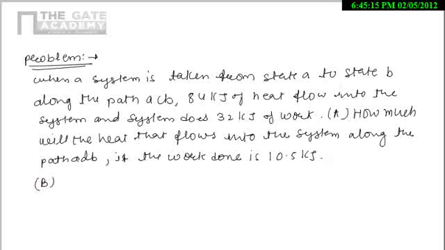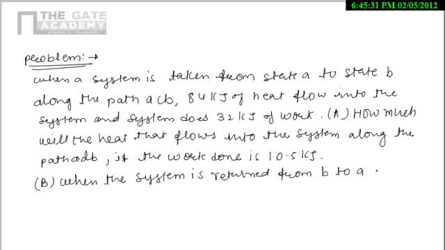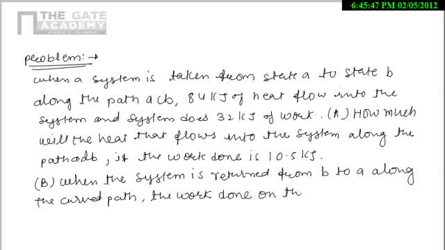B part, when the system is returned from B to A along the curved path, the work done on the system is 21 kJ.